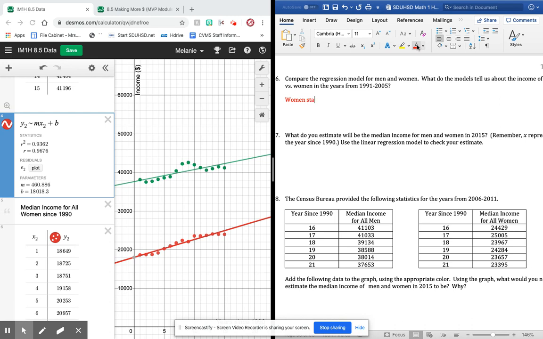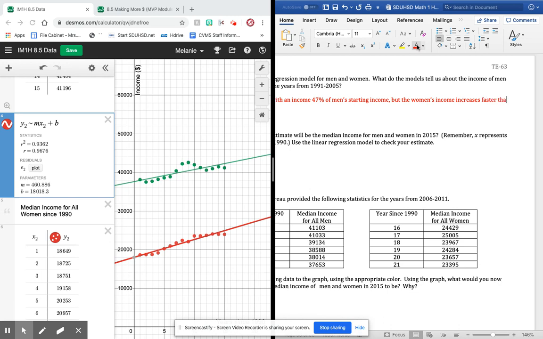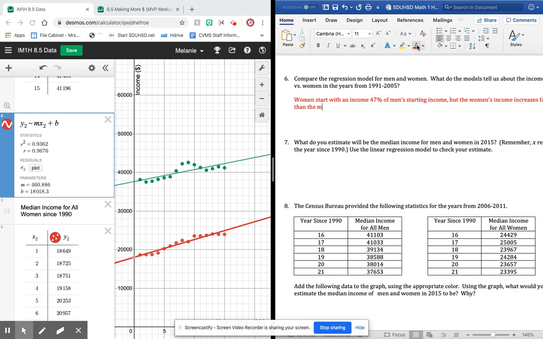Women start, it does ask that, with an income 47% of men's starting income, but the women's income increases faster than the men's from 1991 to 2005.